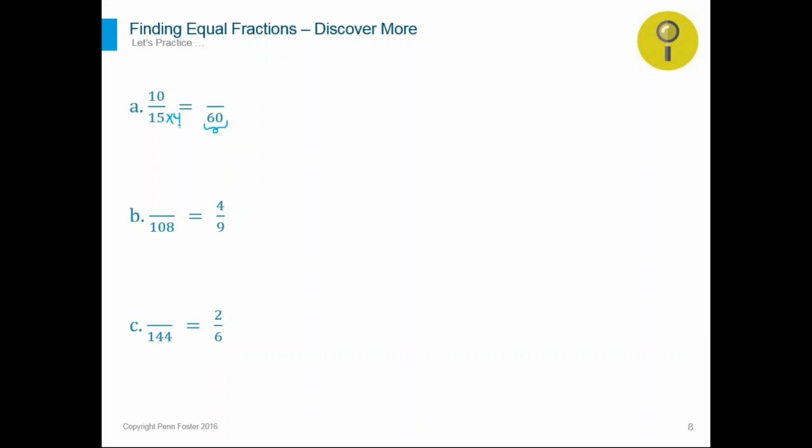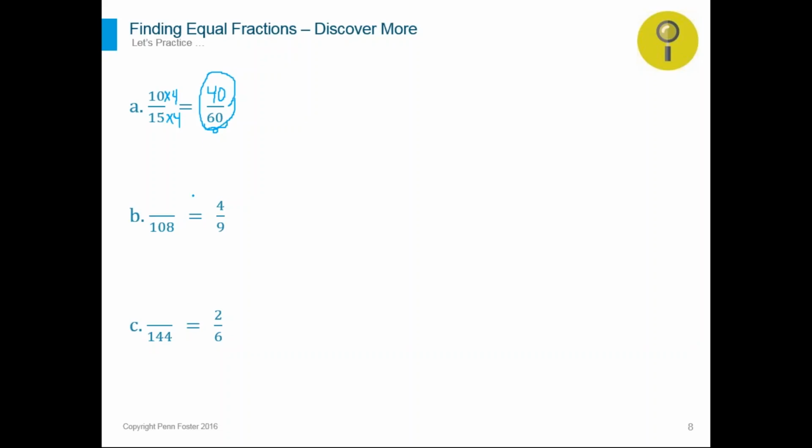Divide 60, which is the new denominator, over the old denominator, and that will give you 4 as a factor. So you will know that you have to multiply 15 times 4, and remember that rule that we spoke about? Times 4 on the top to keep the fraction balanced. So 10 times 4 is 40, and then I have the 60 already, so this is an equal fraction to 10/15.